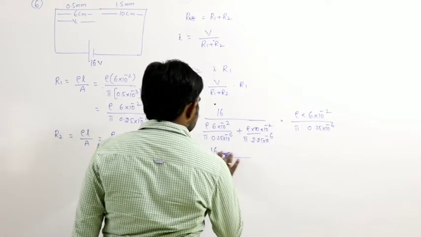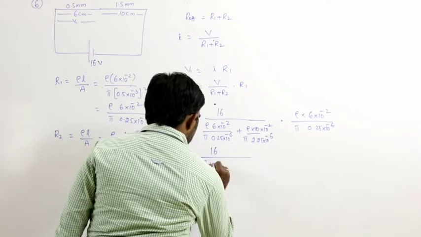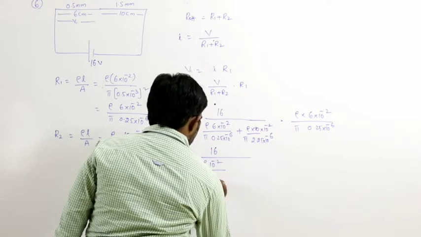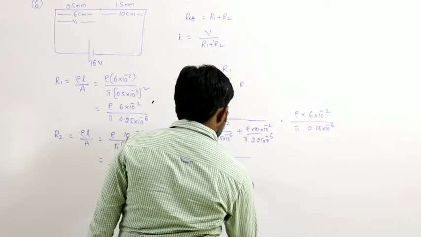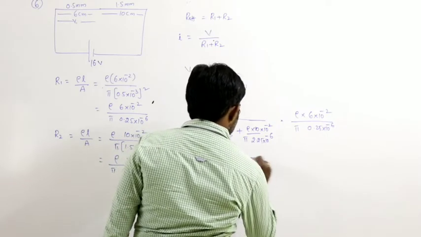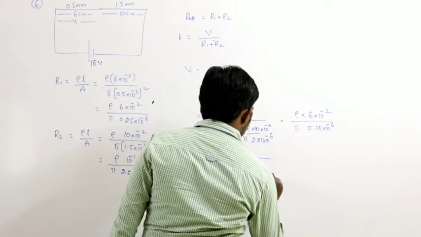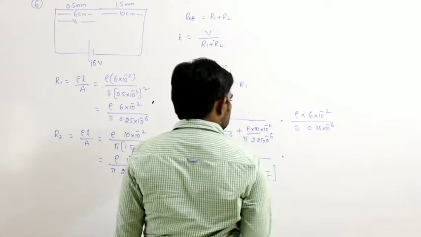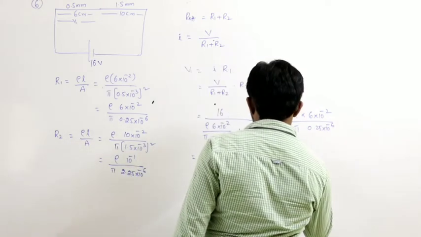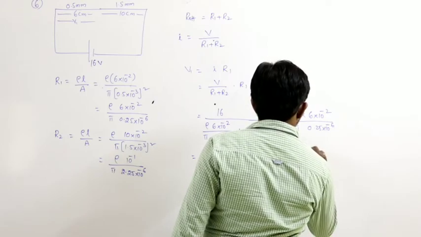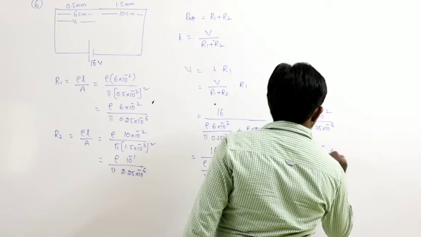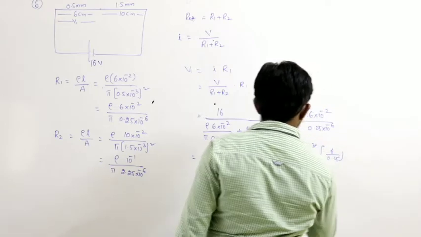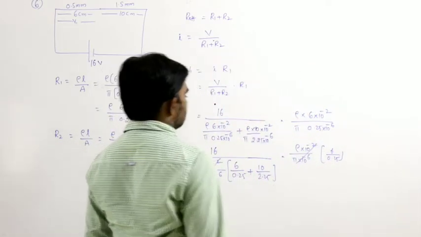divided by, see here, rho into 10 power minus 2 by pi into 10 power minus 6 common, 6 by 0.25 plus 10 by 2.25, into rho into 10 power minus 2 by pi into 10 power minus 6 by 0.25. This gets cancelled.